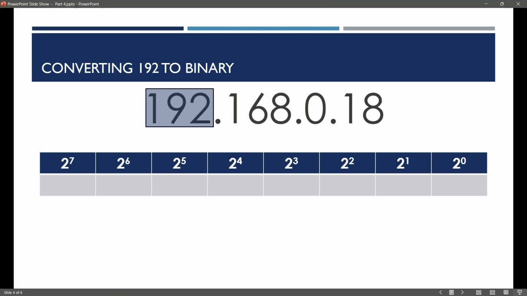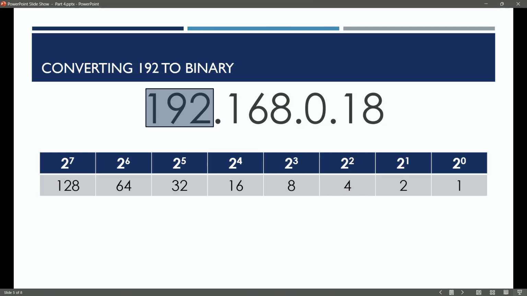And what are those mathematical values? Well, 2 to the 0 power, if you look on the far right, that's always the number 1. That's all we really need to memorize here. 2 to the first power is just that number itself, 2, and notice we're just doubling as we move to the left. So after a few practice sessions, you'll be able to build this handy dandy conversion chart with no problem.